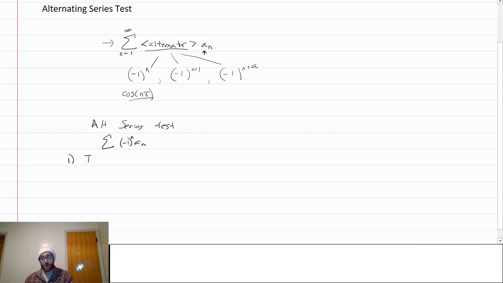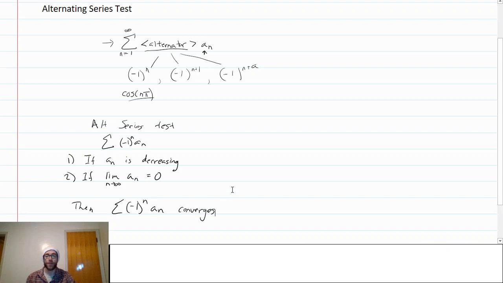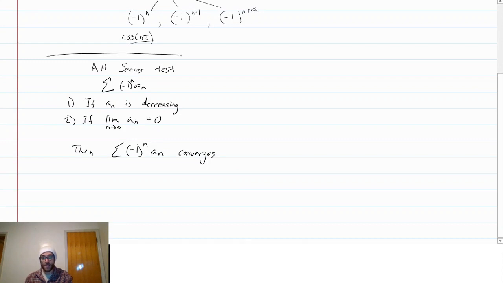So if one, a_n is decreasing, and two, if the limit as n goes to infinity of a_n is equal to 0. So it has to be decreasing, going to 0, and then if we have that alternator, then what happens is the sum of -1 to the n of a_n converges. Okay. So that's it. That's all the alternating series test is.